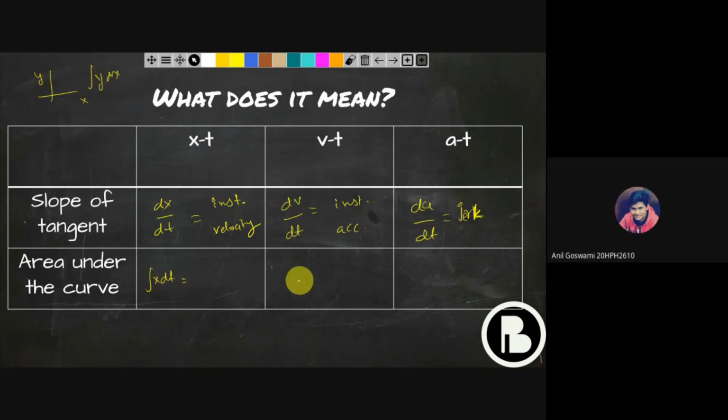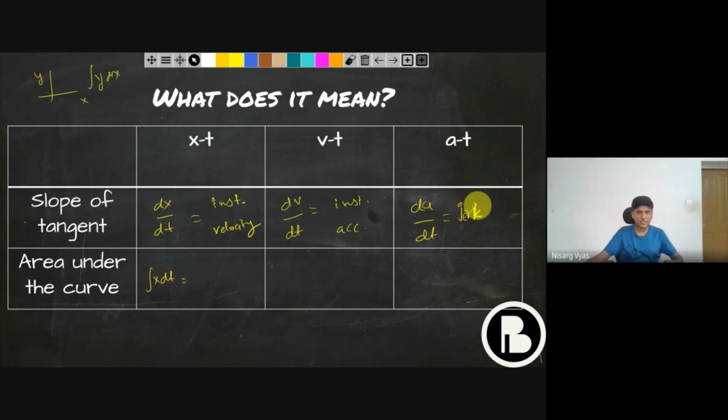So is there something like average jerk? Instantaneous jerk. I don't know about that right now, but this gives you jerk. It has to be instantaneous jerk because it is a very small time interval, a very small span of time in which the acceleration changes.